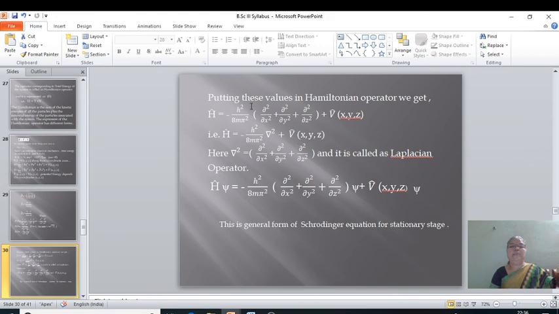And by putting this value, we can have the Hamiltonian operator acting on psi equal to minus h square upon 8 pi square m in brackets del square psi, plus the potential energy operator into psi. And this is the general equation which is derived by Schrödinger for the stationary state.